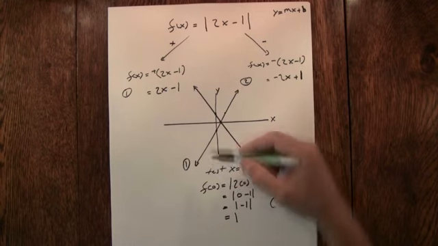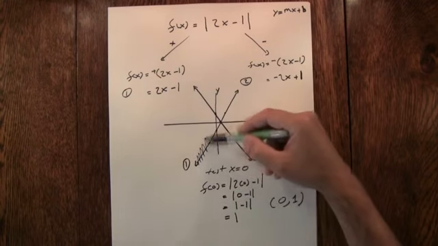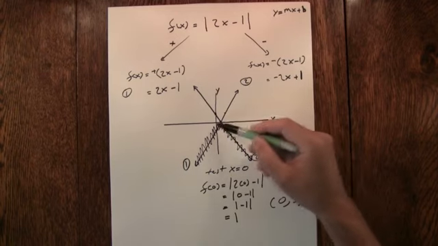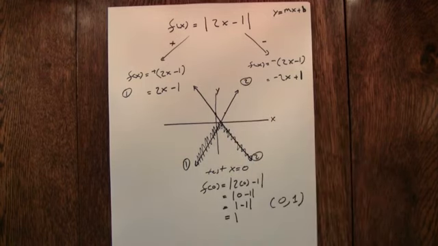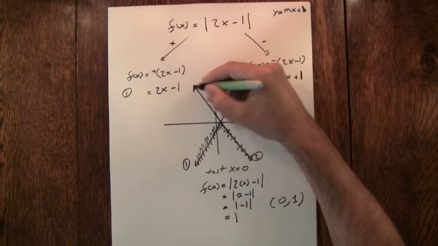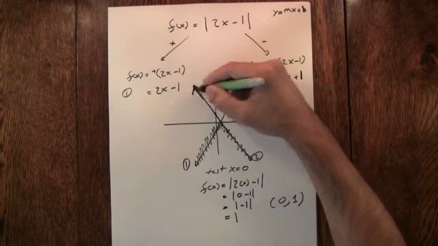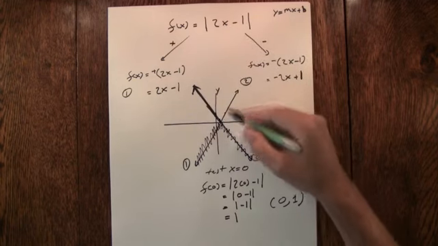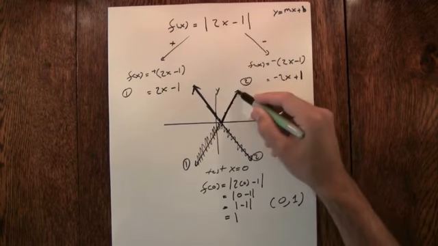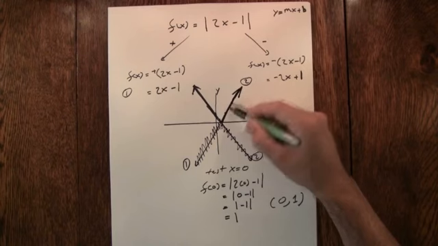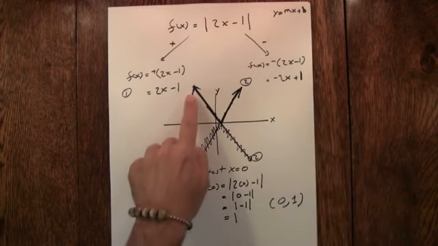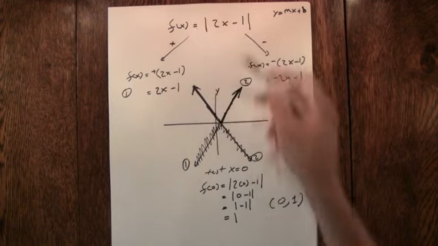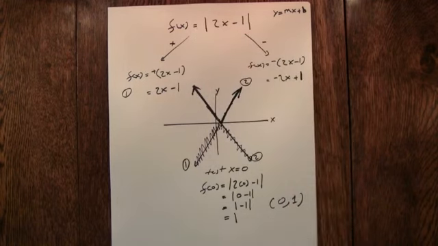So what we end up doing is killing everything below the point of intersection. And this graph, this function, graphs like this, goes up. It bounces off the x-axis. And we'll talk a lot more about these types of functions in the future.